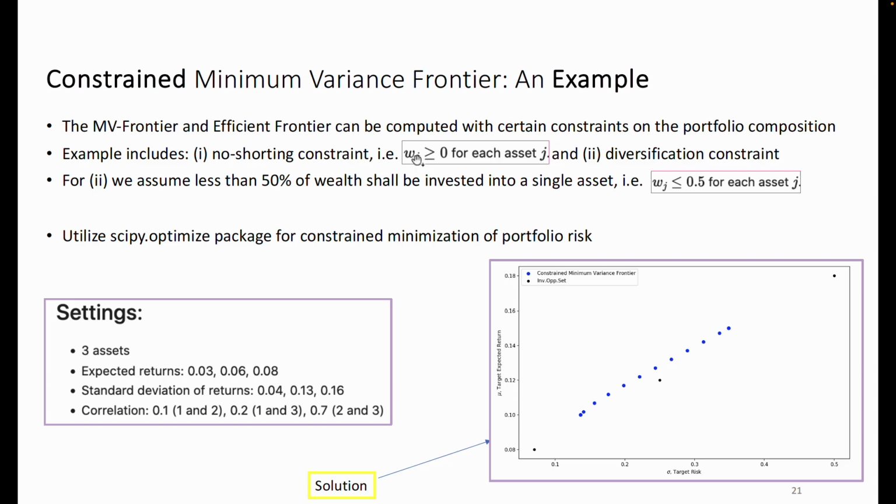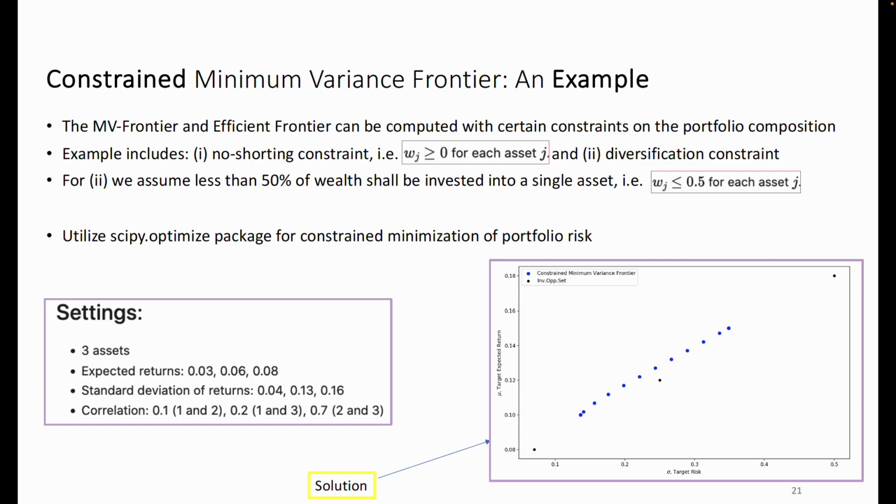I want that Wj for each asset j shall be non-negative. So I don't want to short one asset. So it's a no-shorting constraint, the jargon language. And I also want a diversification constraint, which in my example shall be that the Wj shall not exceed 50%. Yeah, so I want the minimum amount of diversification.